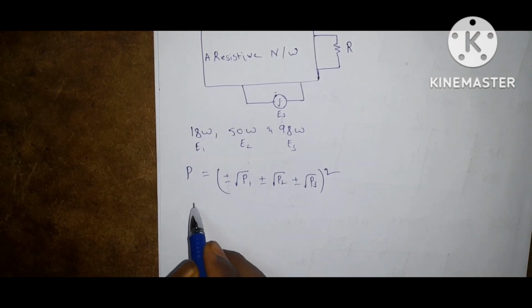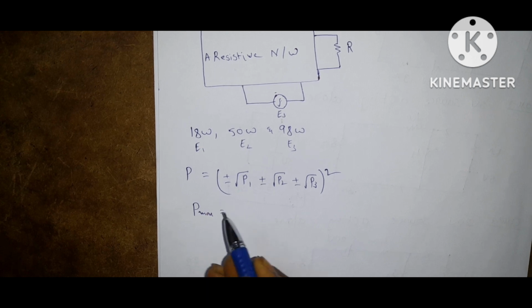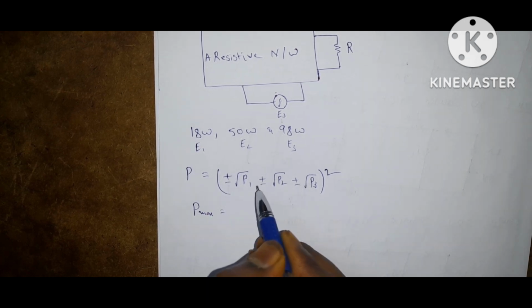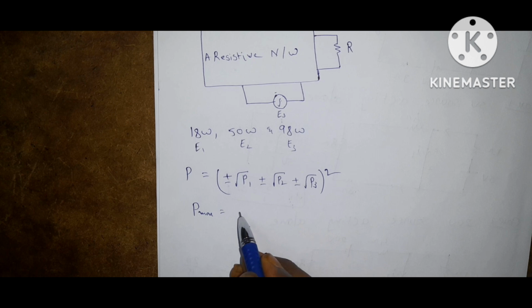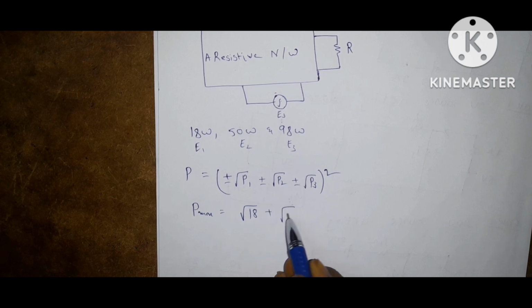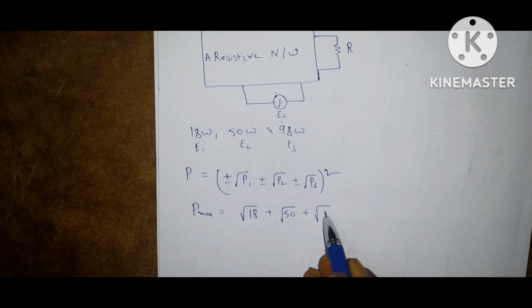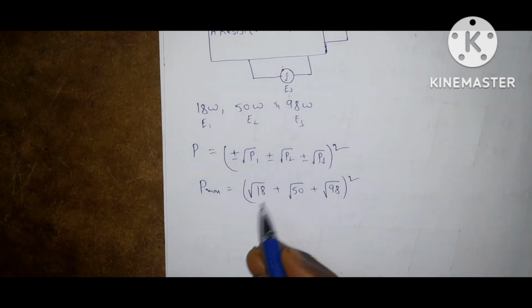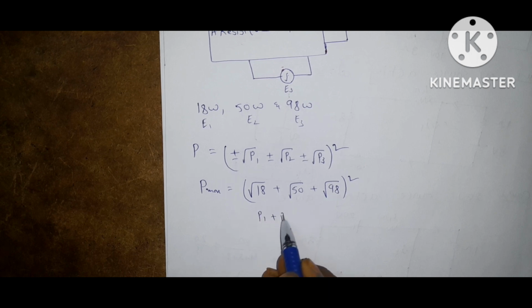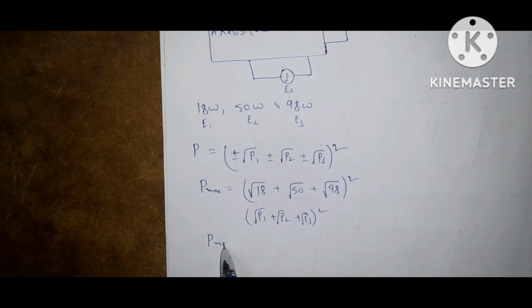Now I want to find out P maximum. P maximum means consider all positives. If you consider all positives, then you will get P maximum. So substitute P1 is 18 plus P2 is 50 plus P3 is 98, whole square. So the formula is root P1 plus root P2 plus root P3 whole square. Now what is P max?